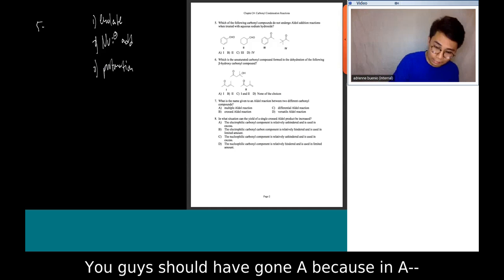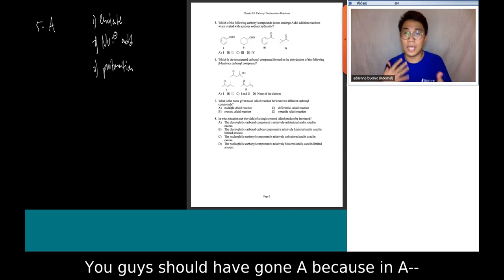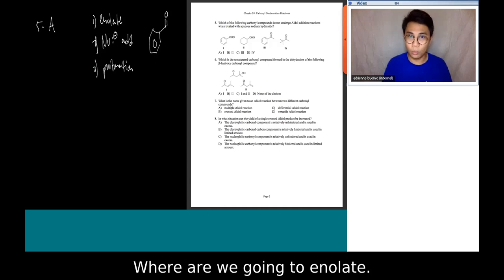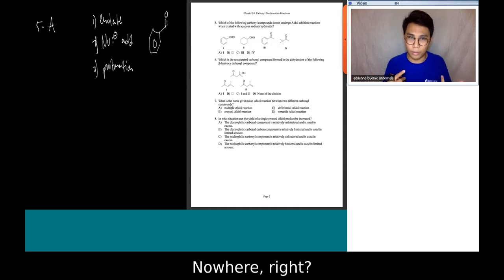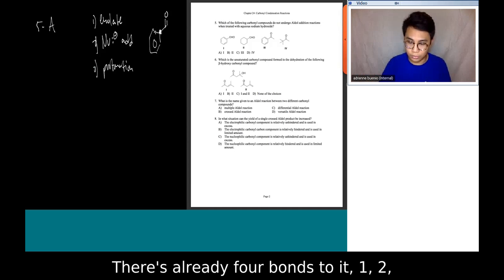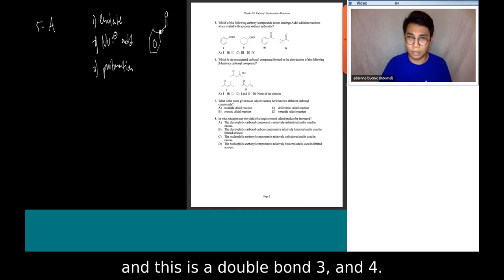You guys should have gone A, because in A, and this is even a better visual, where are we going to form the enolate? Nowhere, right? This alpha carbon here is full. There are already 4 bonds to it: 1, 2, and there's a double bond, 3, and then 4.